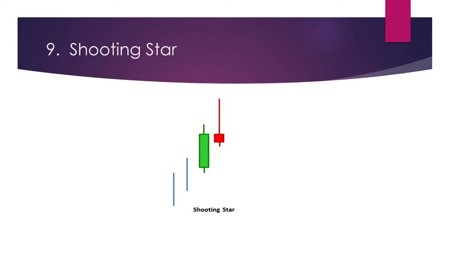Shooting star. The shooting star looks identical to the inverted hammer, but it occurs during an uptrend. This pattern is a bearish reversal sign with a long upper wick that is 2 or 3 times as long as the body, and it may have either a very short lower wick or none.